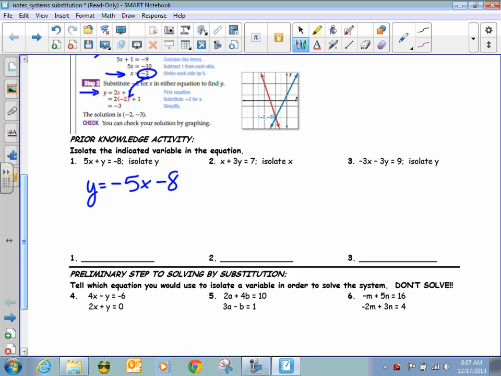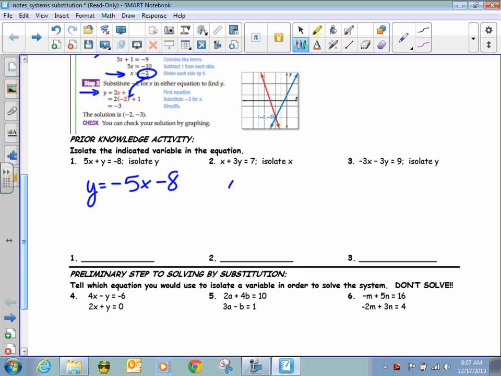For this one, it says isolate x. Now, you see what we're doing is we're choosing. We're looking at the problem, and it would be silly to solve for y here when we're using the substitution method because x is already by itself. So you actually have to look at it, assess what you're going to do, and then go from there.